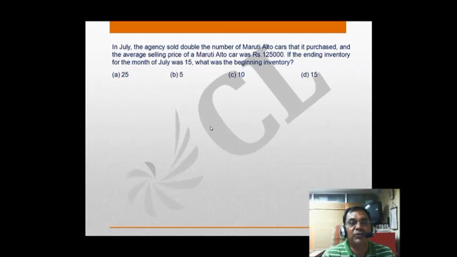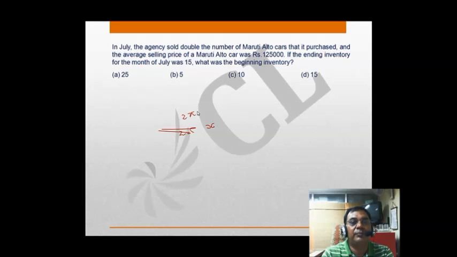Supposing it purchased X, so it sold 2X. Average selling price of Maruti cars was 1,25,000. So there I'll check how many cars it must have sold.